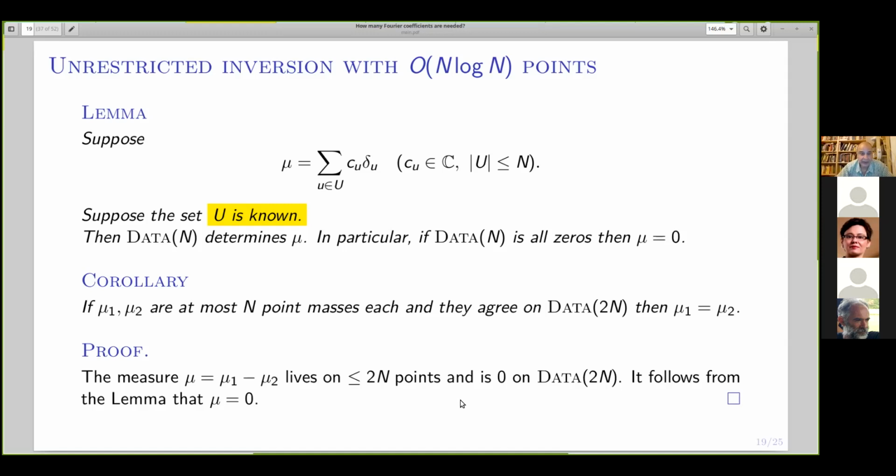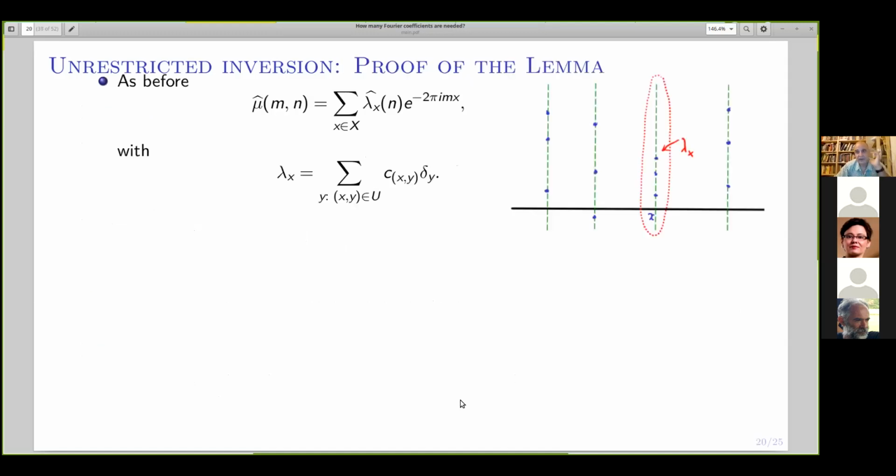Okay. And let's see how we go about this. So as before, this is our picture. We have a measure living on these points, and we project it down. We get a collection of x's. And above every x, we have a measure living on this vertical line, which we call lambda x.